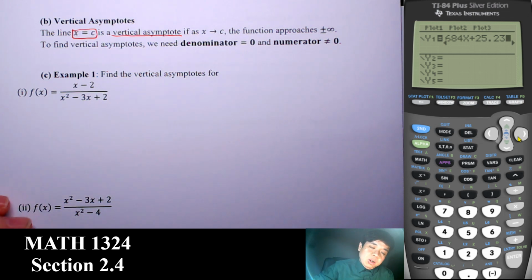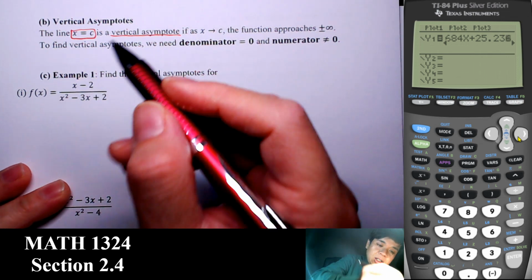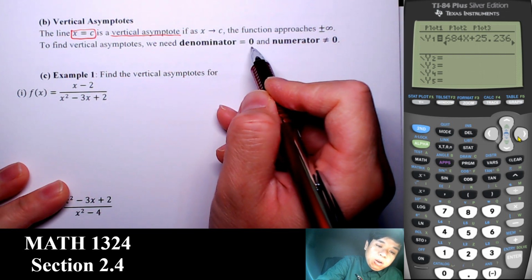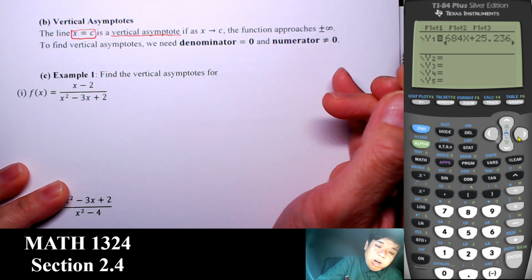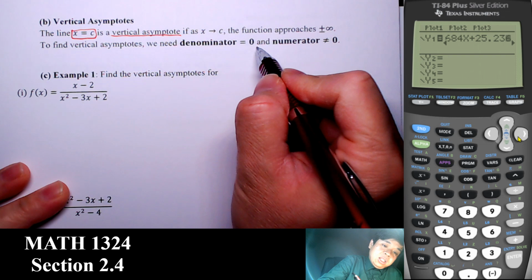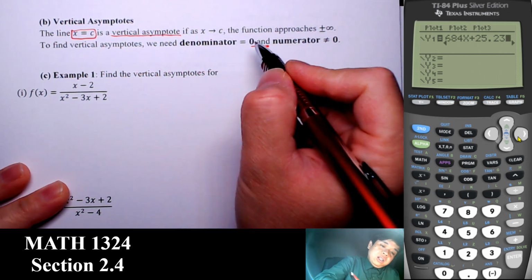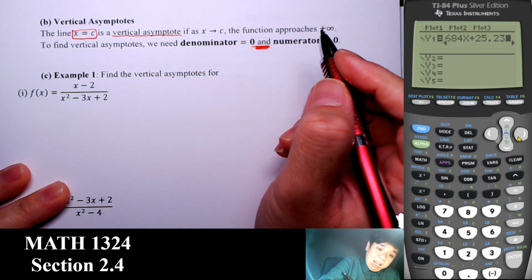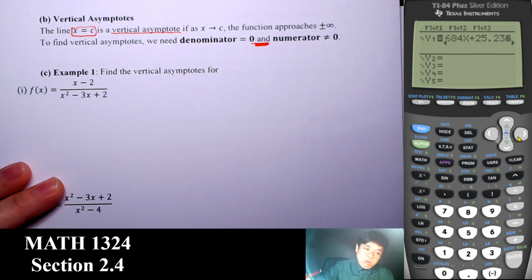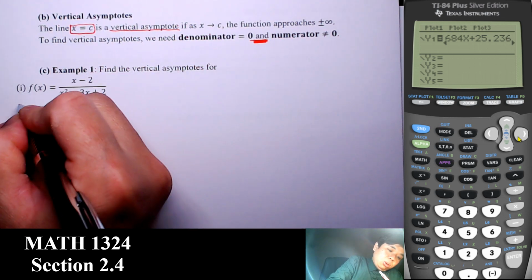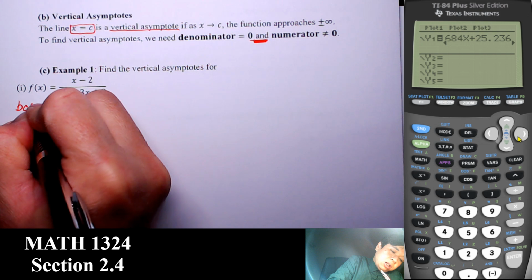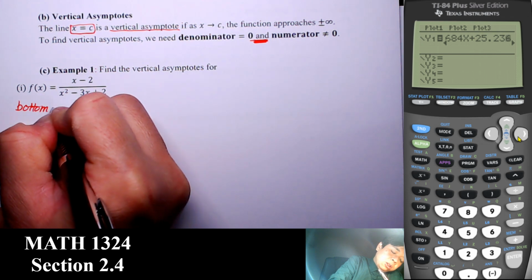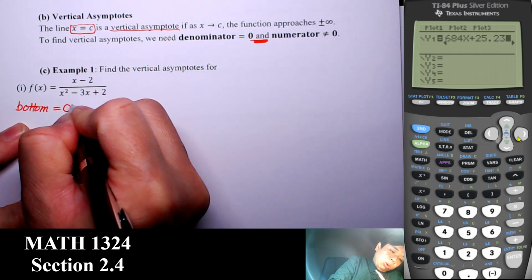And to find the vertical asymptote, we do two things. We let the denominator equal 0 and the numerator not equal to 0. The key here is and. So bottom line is bottom equal to 0 and the top is not equal to 0. So for this, we will say bottom equal to 0, and we do that first.